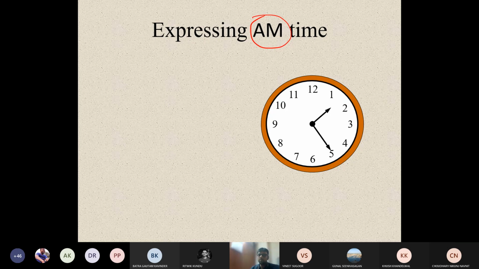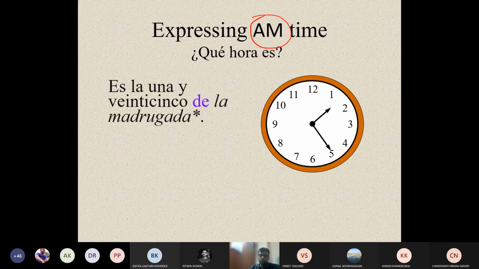There is no abbreviated form. You have to actually use the complete expression for telling AM or for using PM. So here, if you see, the time is 1:25 AM.